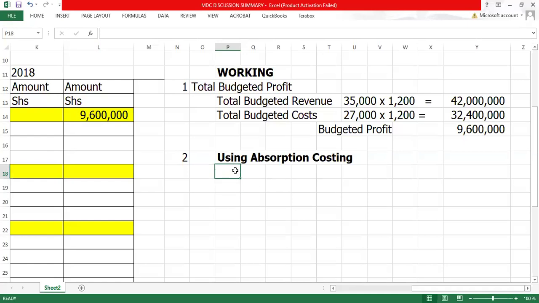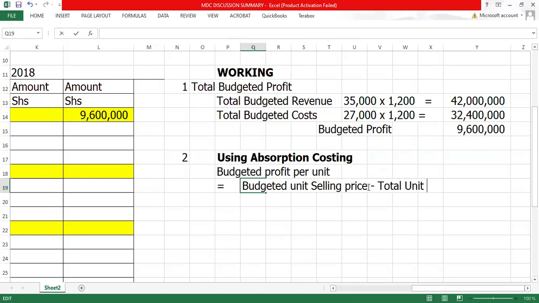And how do you get that standard budgeted profit? You need the budgeted profit per unit, which will be equal to the budgeted unit selling price minus the total unit cost.